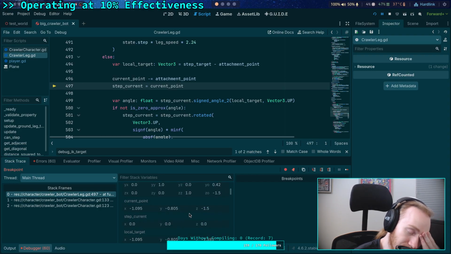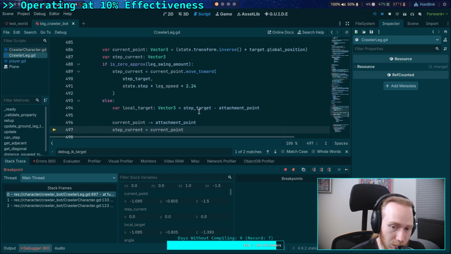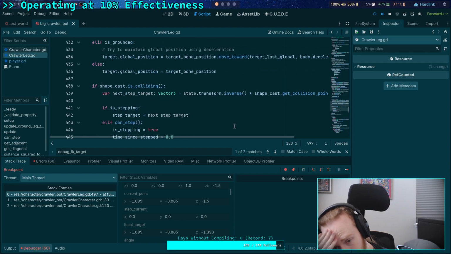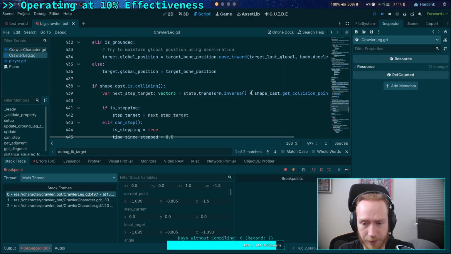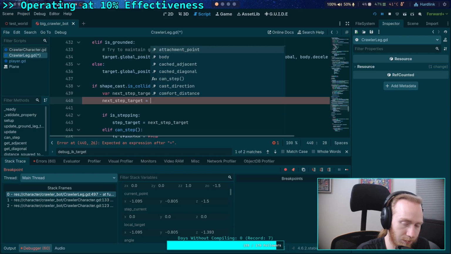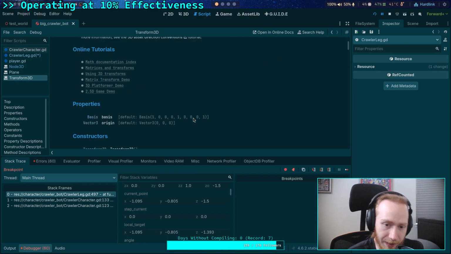I must have something wrong. That's just not right. It should be more negative on the z-axis, and it's reading less negative. Technically, multiplying it like this is, I think, the same as doing the inverse.